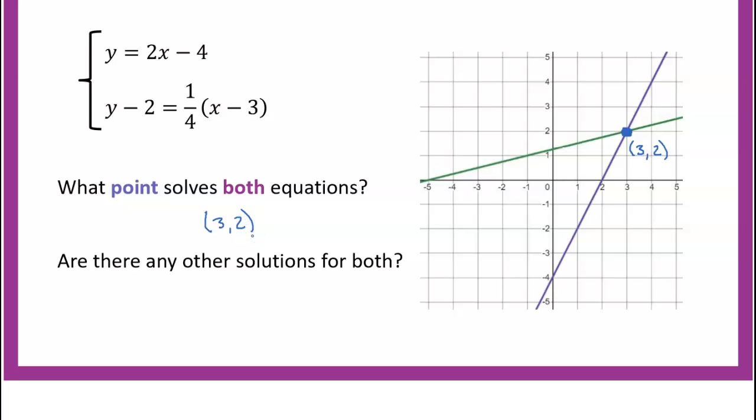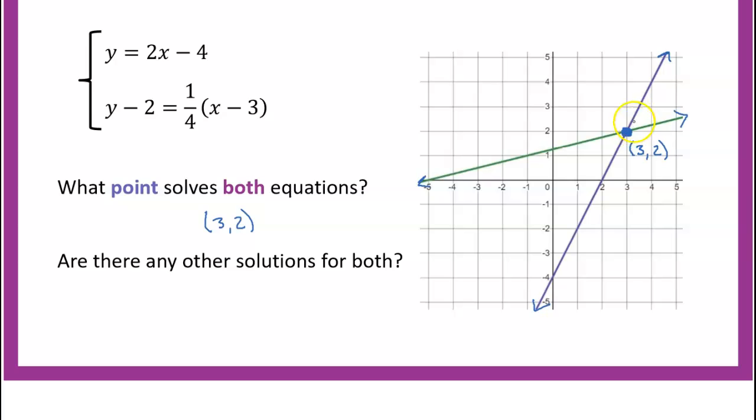And then it asks, are there any other solutions for both? Now let's think about this. Here's our first one. Our first one's the purple one. Our second one's the green one. All of our solutions for the first one are here. They follow this line. That line continues. And all of our solutions for the second one are here. This line also continues.